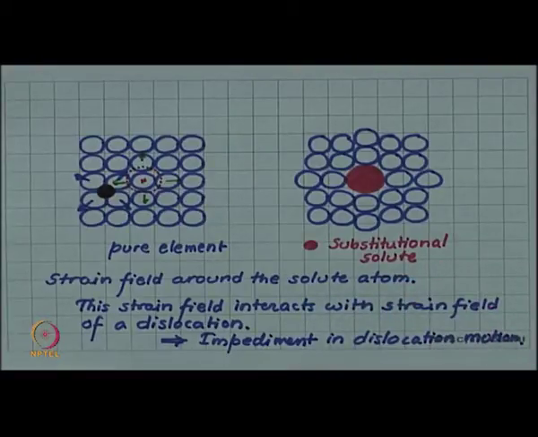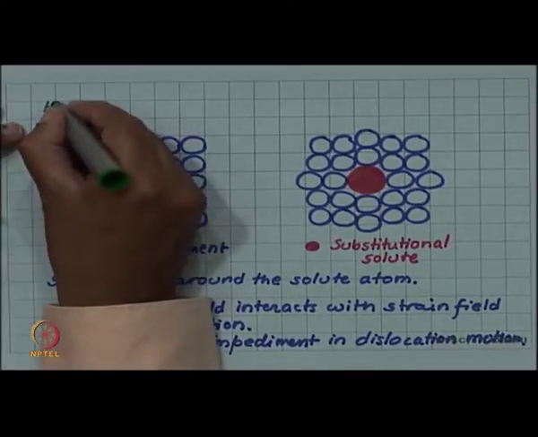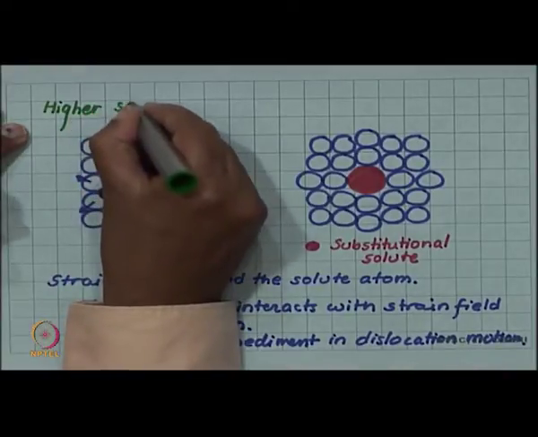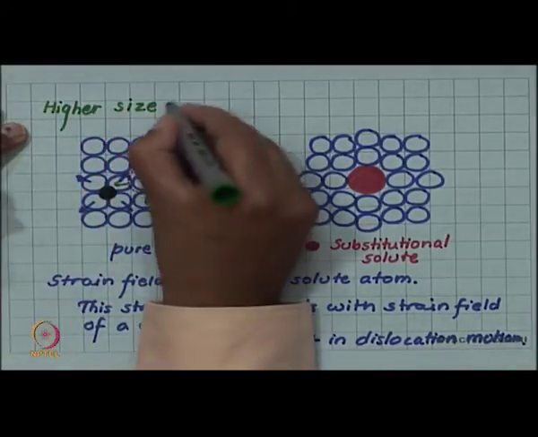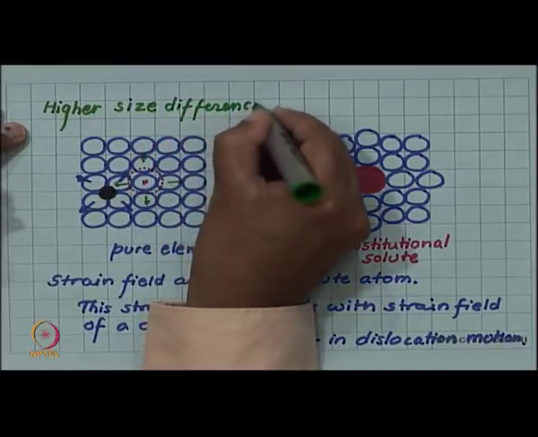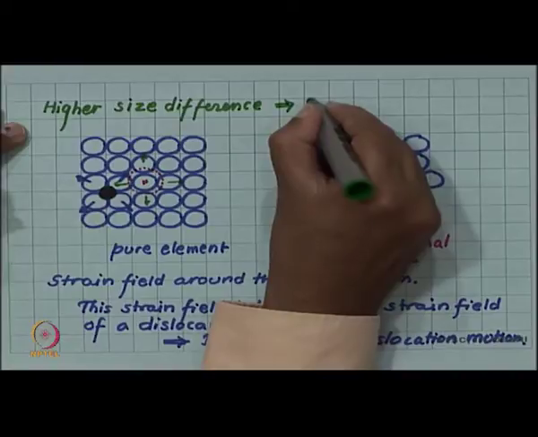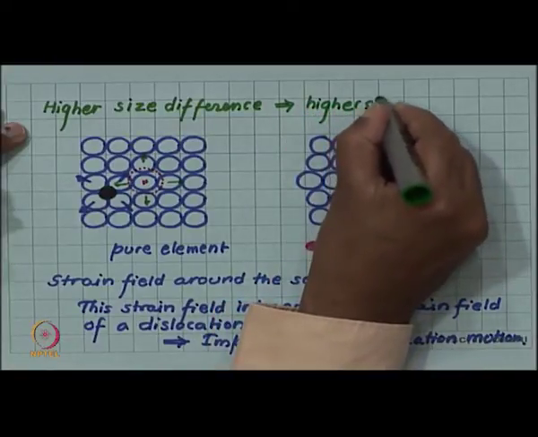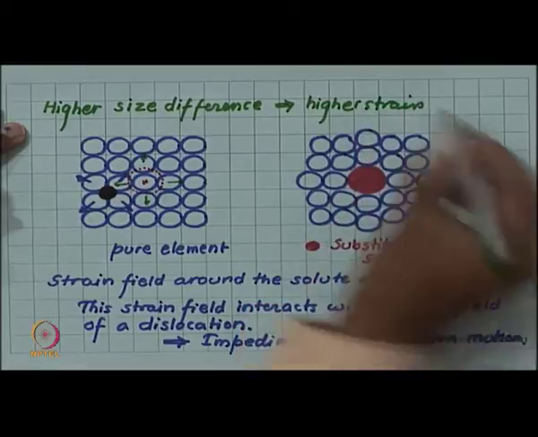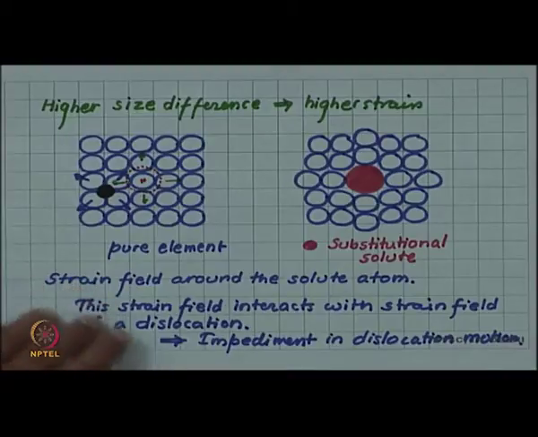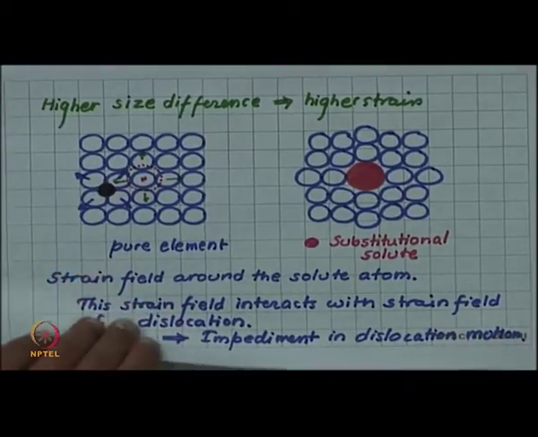Higher will be the size difference, higher will be the strain, and so there will be more effective hardening due to the solute atom.